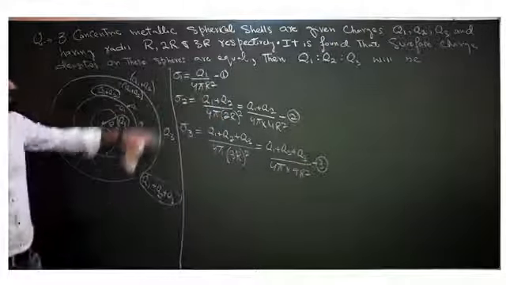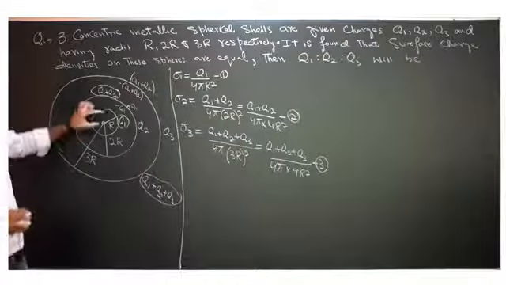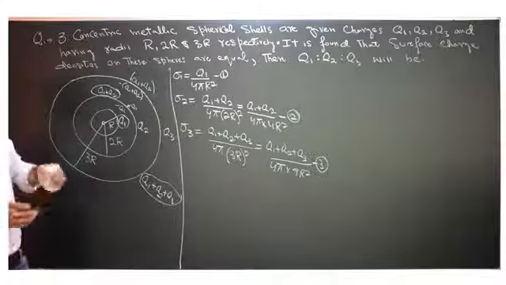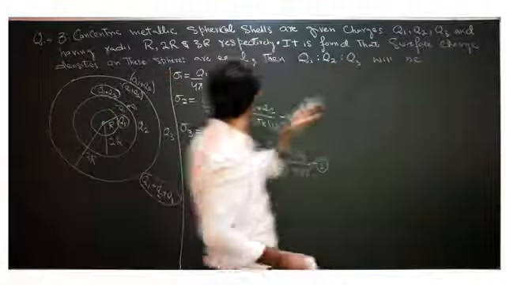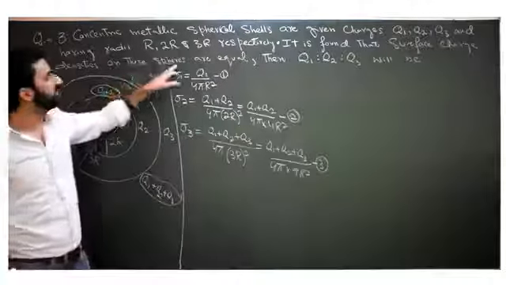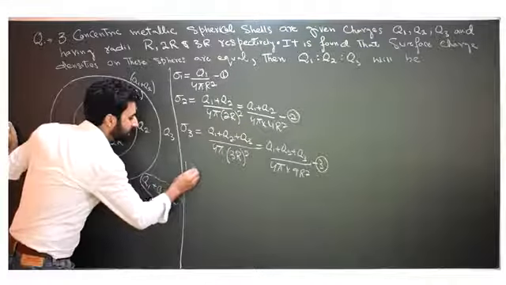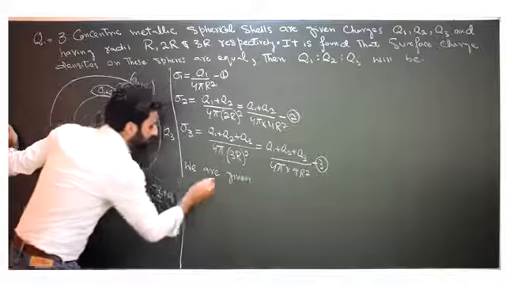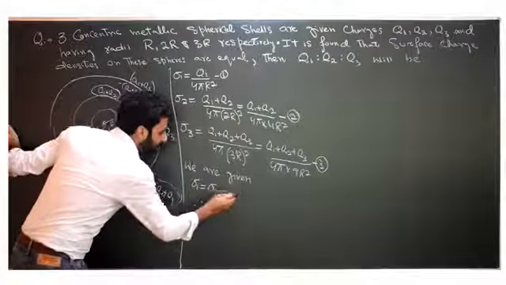So these are the surface charge densities of 3 spherical shells having radii r, 2r and 3r respectively. But what is the condition given in the question? It is found that the surface charge densities on these spheres are equal. So we are given the condition that sigma 1 is equal to sigma 2 is equal to sigma 3.